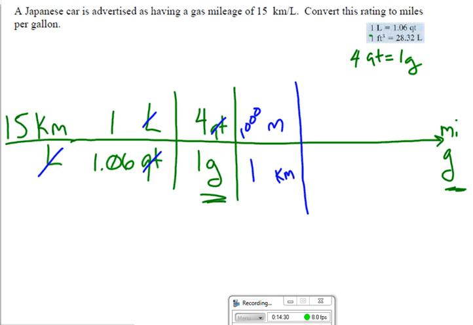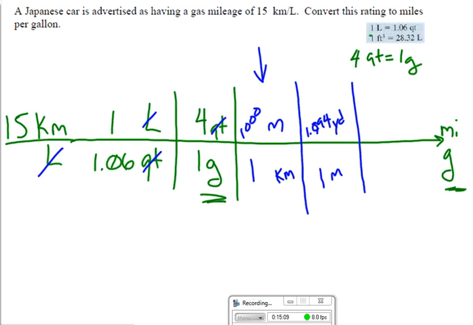So for every 1 meter, there's 1.094 yards. You do not need to know these off the top of your head. You just need to know this one. But you do not need to know these other conversion factors. Typically, they'll be given to you. If not, I will tell you what conversion factors you need to know. So 1.094 yards in every 1 meter.